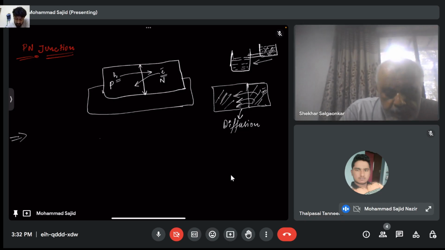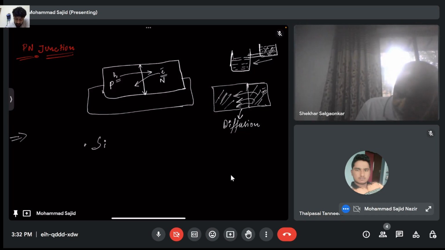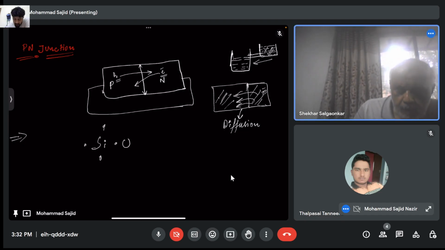You have a silicon atom here in this region which has a hole, and a silicon atom here which has an extra number of electrons. Recombination will occur.